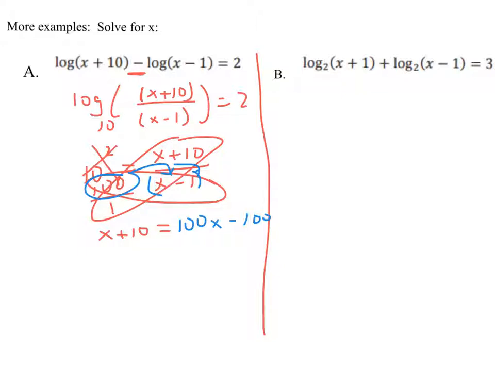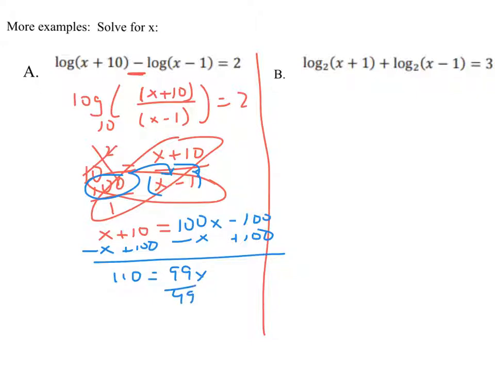And then you just have to minus the x to one side, and I would say add the 100 to the other side at the same time, so plus 100 over here. And you will basically get 110 equals 99x. Divide by 99, and that's the answer we're going to leave it at. So x equals 110 over 99.